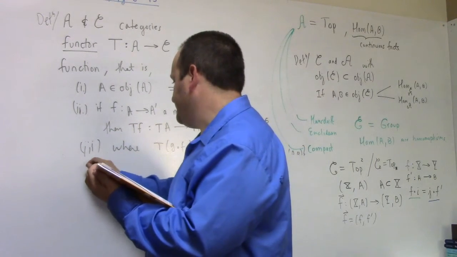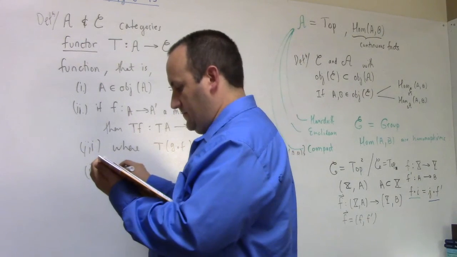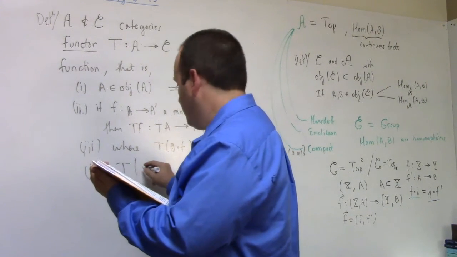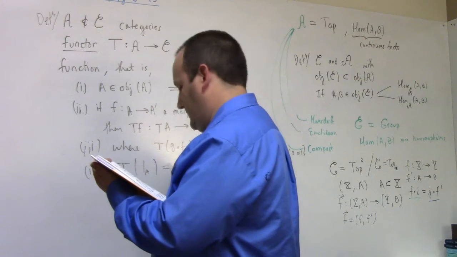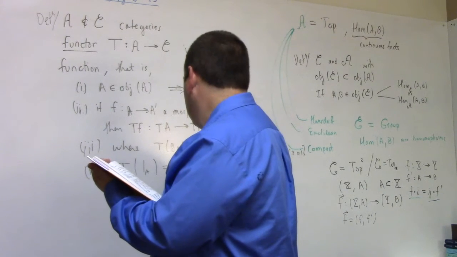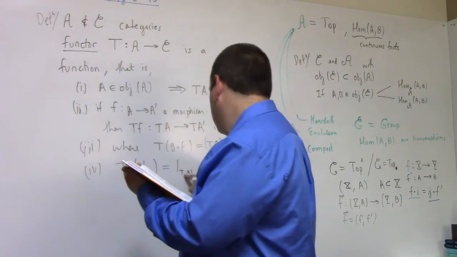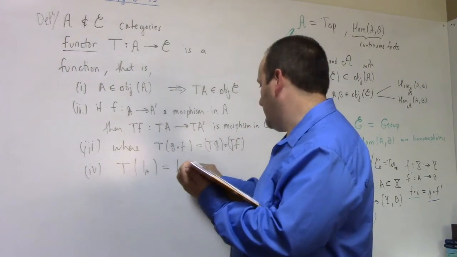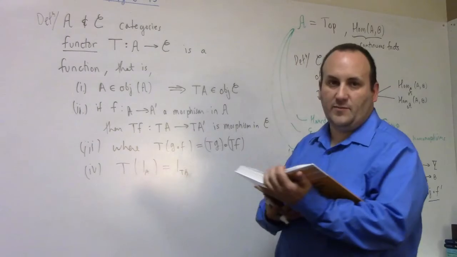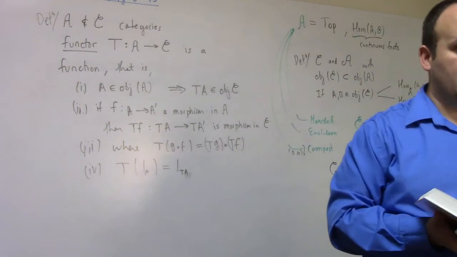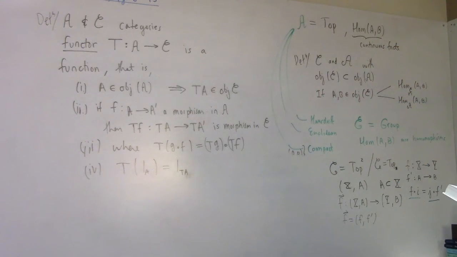And then 4, we have that the functor of the identity is equal to the identity, like we did last time, in the particular context of the homotopy. Like he said, our earlier discussion of homology functors Hn can now be rephrased.